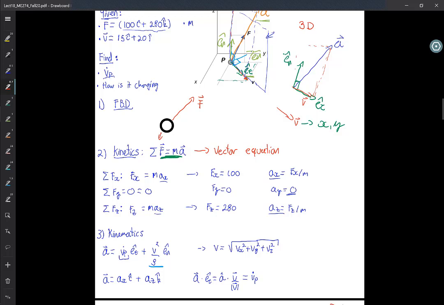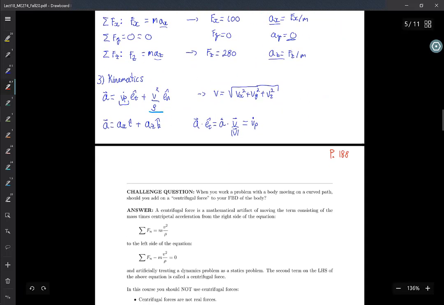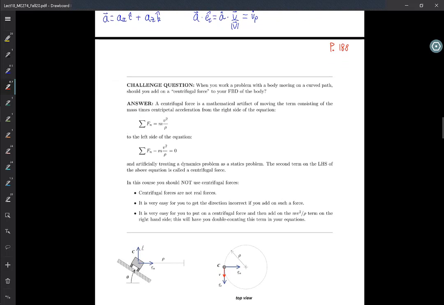And it's kind of tricky because this problem has to do with this challenge question in page 888. It's this question about what is the centripetal force that we have maybe spoken about in previous courses. Well, the centripetal force is the effect of the acceleration. So it's on the right-hand side of Newton's equation, so we don't write it on our free body diagram.